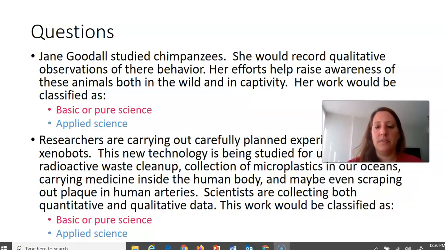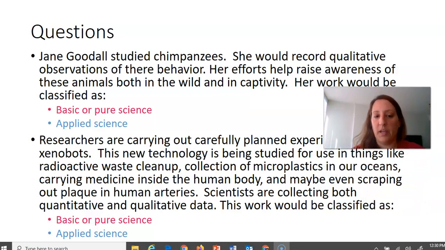So initially I would say her work was just basic or pure science. She was just learning about chimpanzees. But then the part where she raises awareness for animals and maybe how they were treated, both in the wild and in captivity, that's definitely applied science. So I would say that there's kind of a fuzzy gray line here. I would kind of classify that as both.